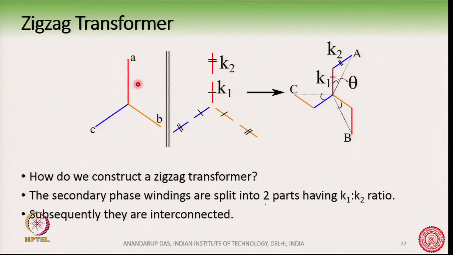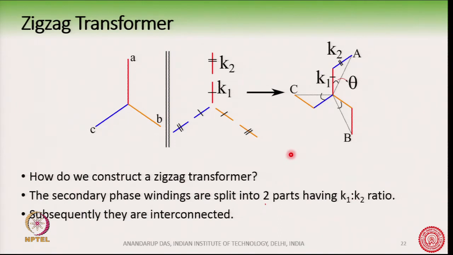If the number of turns here is 1, we can say that this turns ratio is K1 and this is K2, okay, of the R phase. So, we have now physically split the R phase winding into 2 parts having turns equal to K1 and K2. Similarly, we have also split the B phase and C phase into 2 parts having K1 and K2.